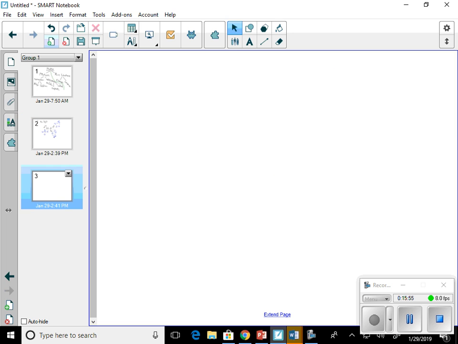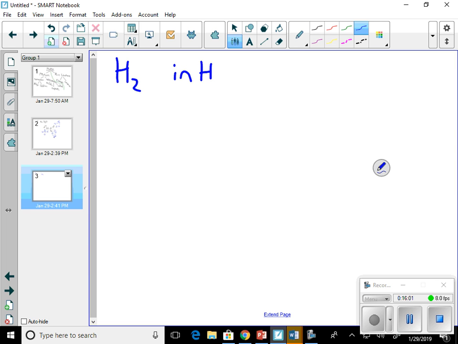Lastly, what happens if we try to put hydrogen in water? Once again, hydrogen, nonmetals, is a covalent compound. So you immediately know that there will not be any splitting apart of the hydrogens.